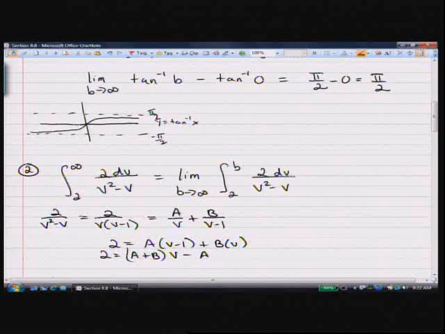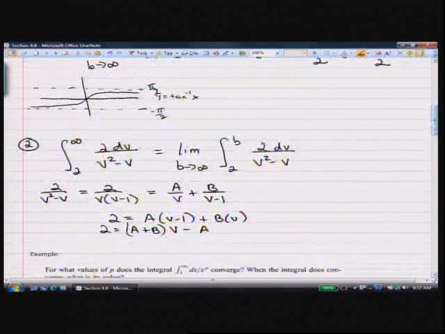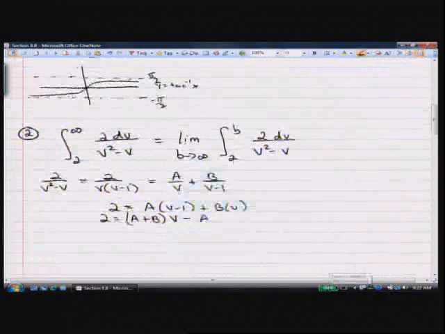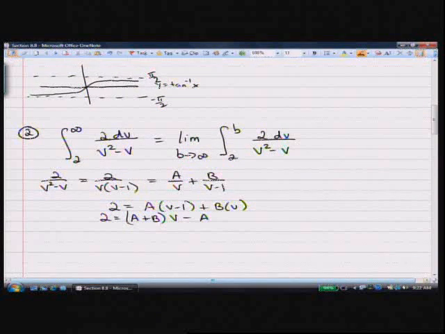All right, and so then you should be able to see that negative a is equal to 2, so that means that a is equal to negative 2, and b is equal to positive 2.